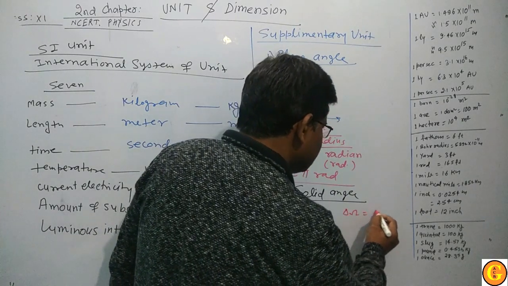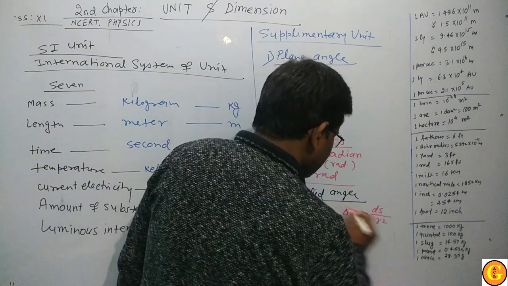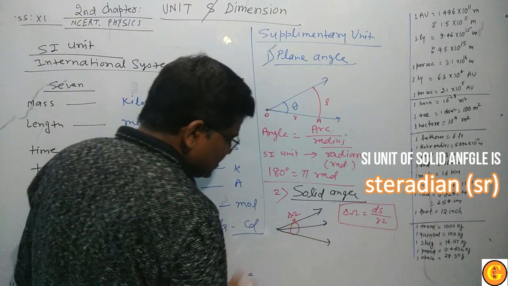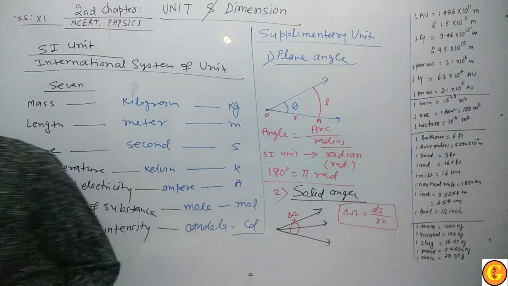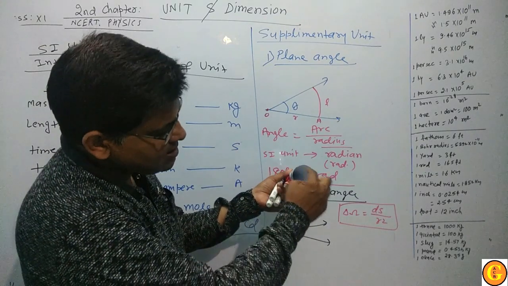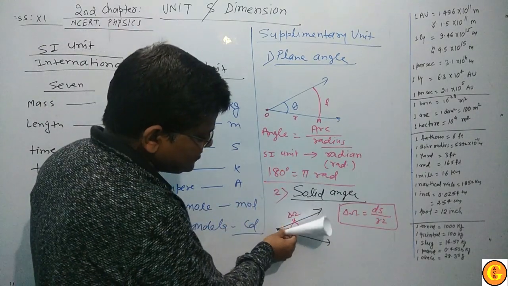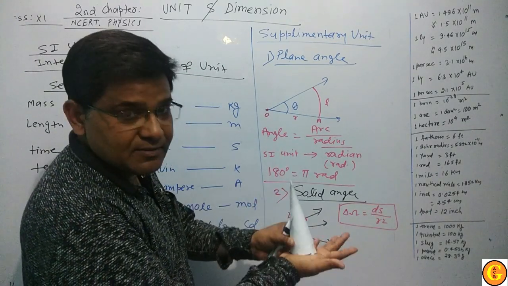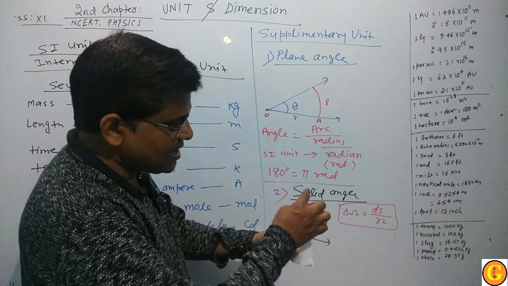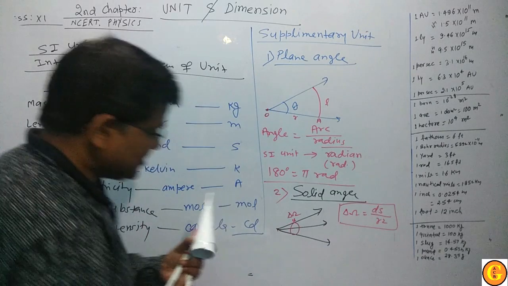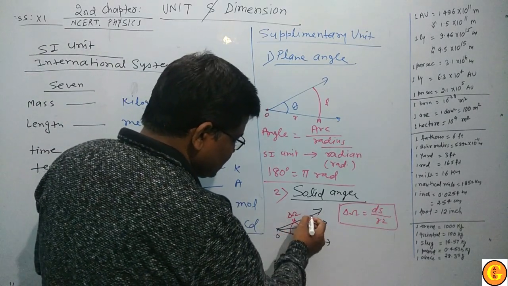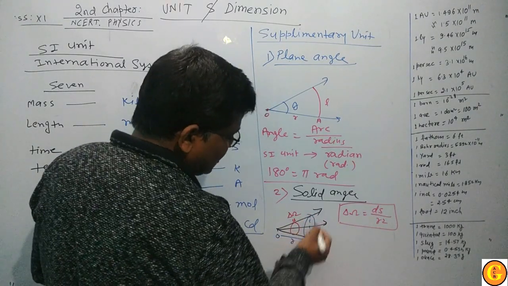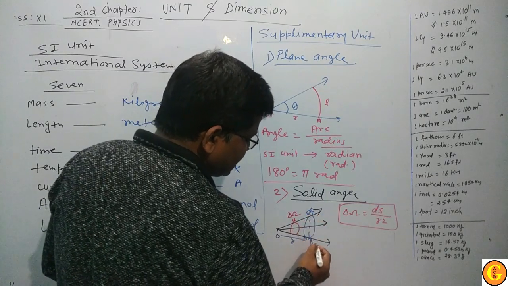Where the area is the area covered by this surface, and r is the distance from the point O to it. Suppose this is the area ds, then it becomes delta omega.